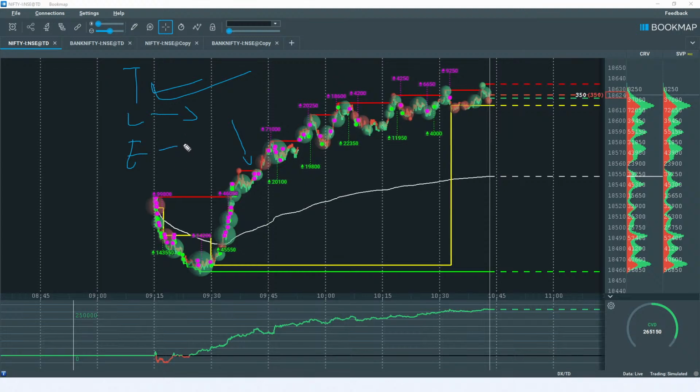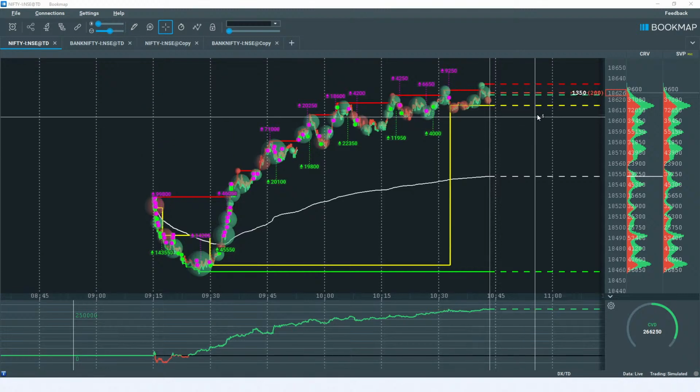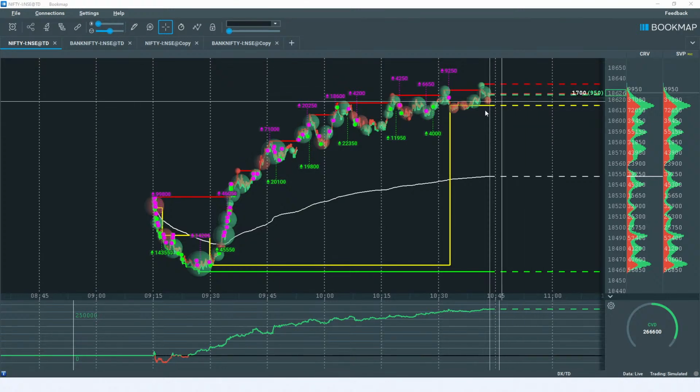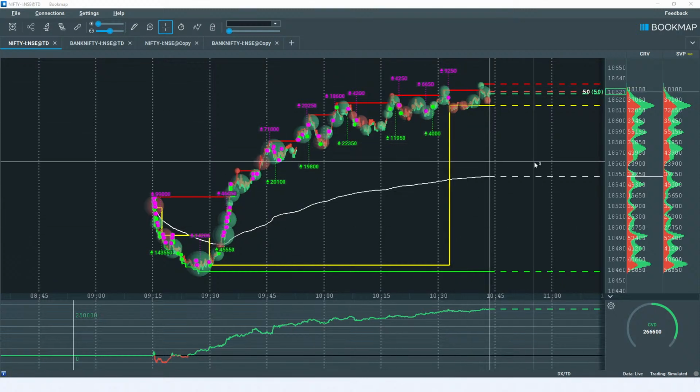And we use a few indicators, not all the indicators, only a few to identify the entries and exits. So following the framework helps us to sort out the trades and not get chopped out in the choppiness of the market. Basically we filter out the trades using this framework.